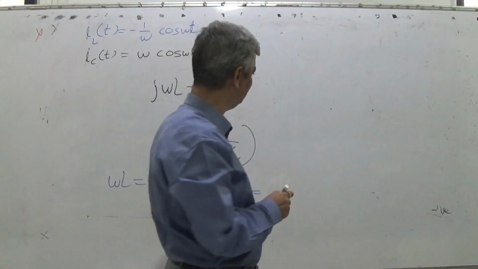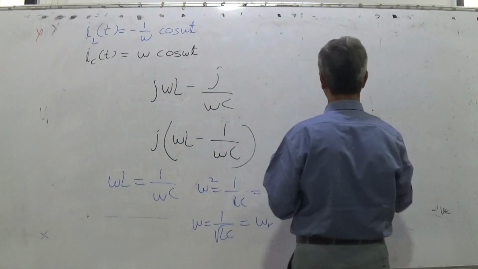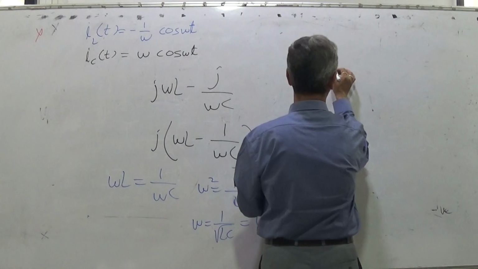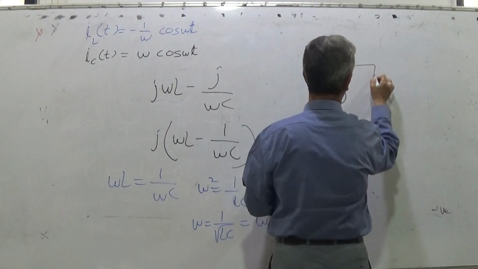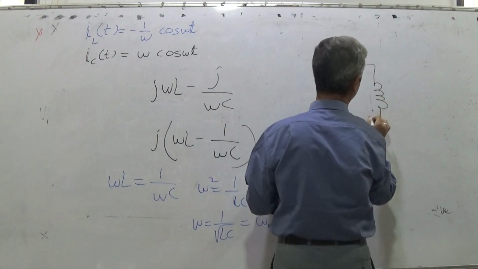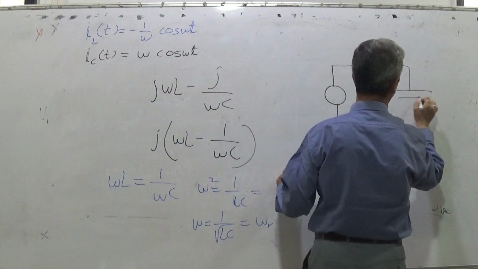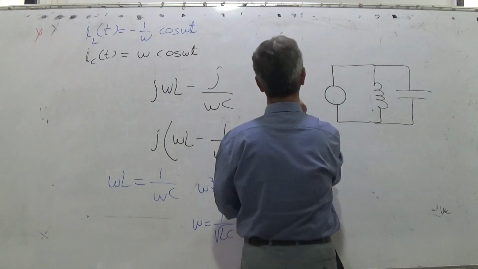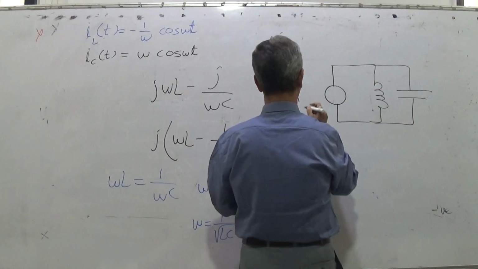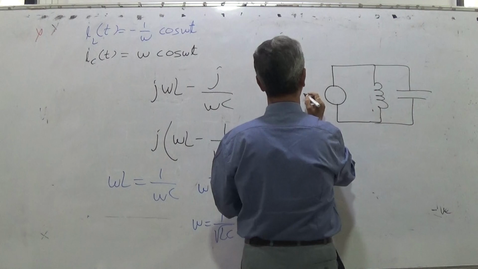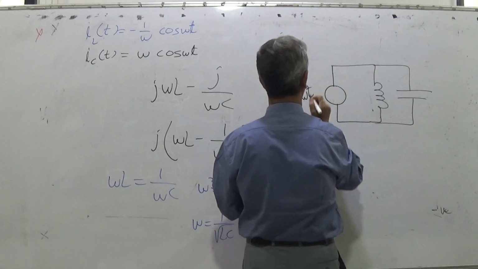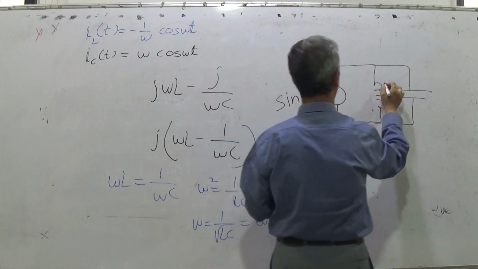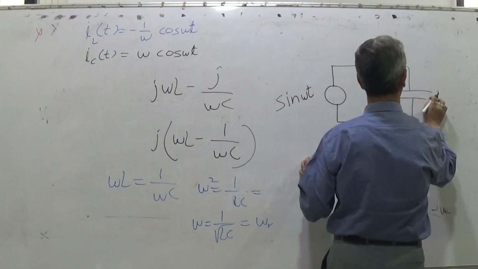Now we had done this circuit, and we had applied, say, sin omega t here, where this is 1 and this is 1.